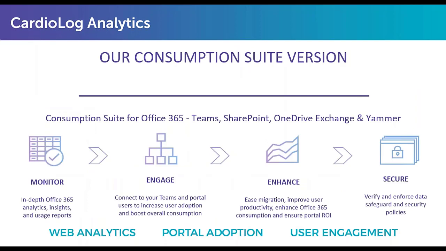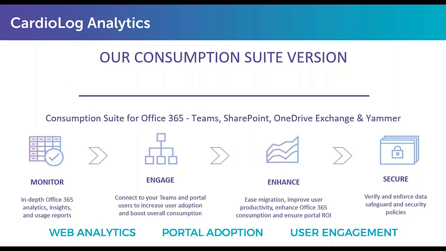Our goal is to help our customers constantly improve Microsoft 365 based on how it's being used. So there are 4 pillars that we talk to our customers about. The first is Monitor, which is tracking the usage within SharePoint and Teams, and OneDrive and Exchange. And the second is engaging users, asking them what their needs are, what their pain points are, and what's not working for them. And then the next pillar is to enhance.